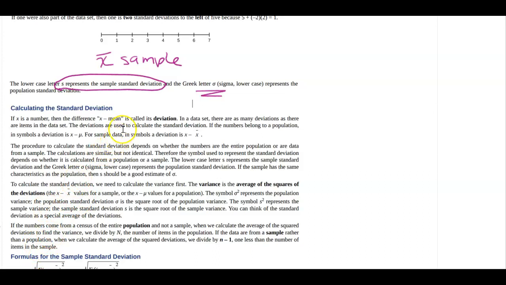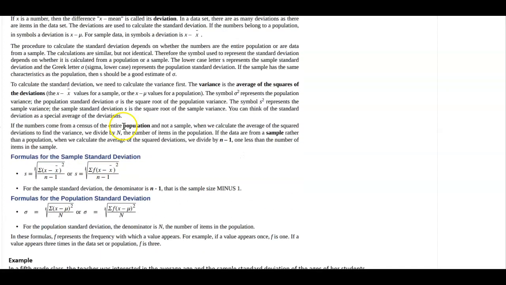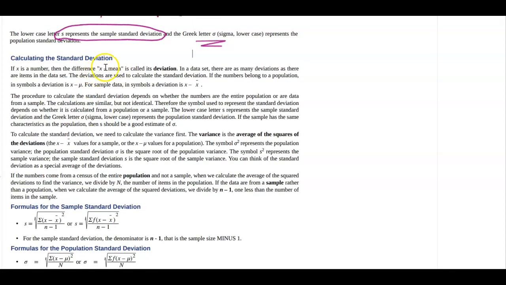There are some equations we can use to actually mathematically calculate both the variance and the standard deviation. A number's difference from the mean is called its deviation from the mean, how far it deviates from what the average is.